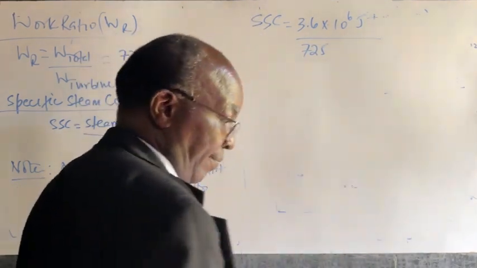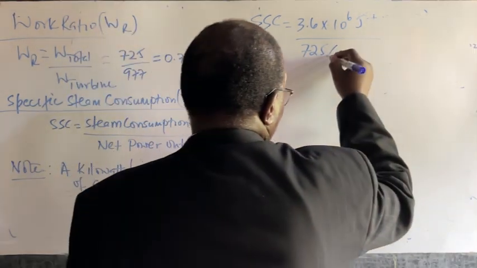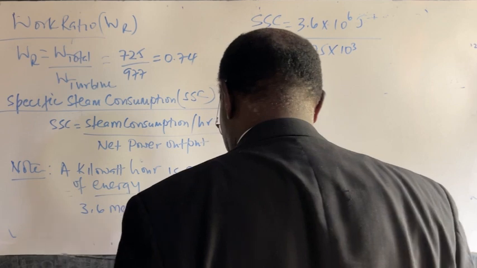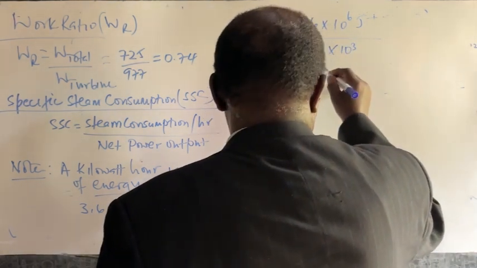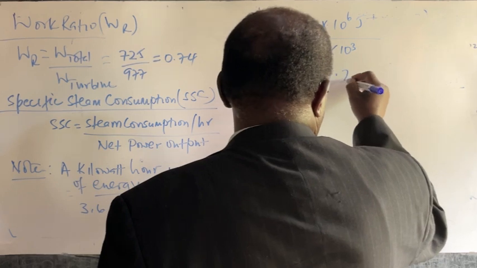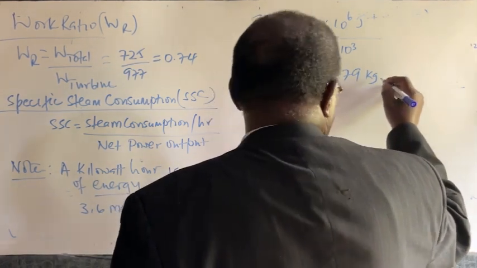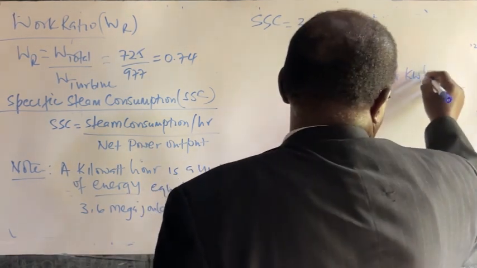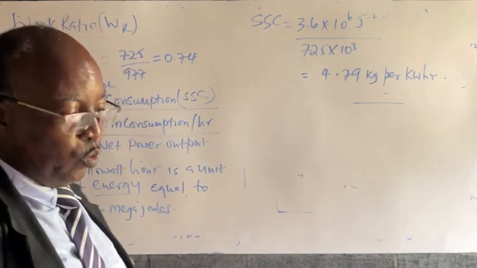Remember, our 725 was in kilojoules per kilogram. So we multiply 725 by 10 to the power 3, and that will give us 4.79 kilograms per kilowatt hour. Very important to do this calculation.